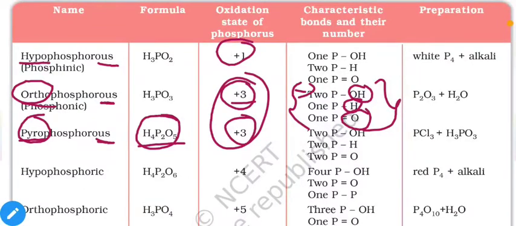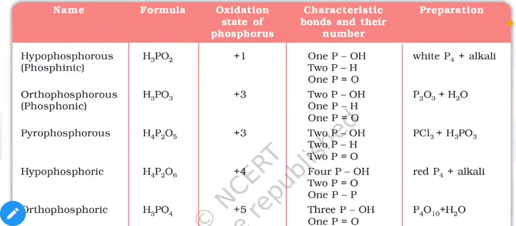It has two OH bonds. But the first compound contains one P-H and one P=O. The second compound contains two P-H and two P=O bonds. Now usually p-block elements show alternate oxidation states. That means +1, then +3, then +5, then +7, or +2, +4, +6.